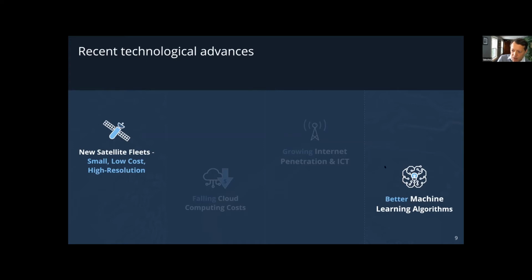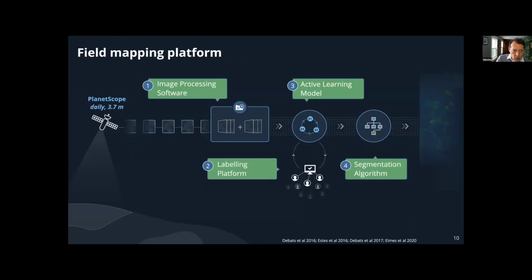And then the algorithms are really developing rapidly now and helping to make sense of patterns in that imagery.